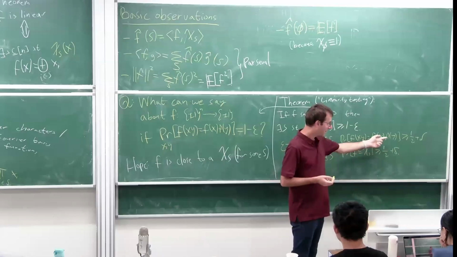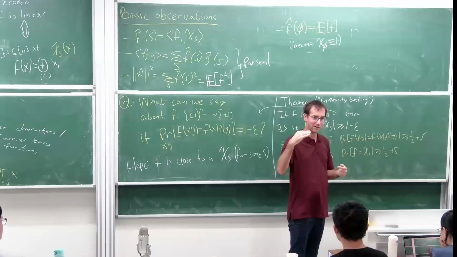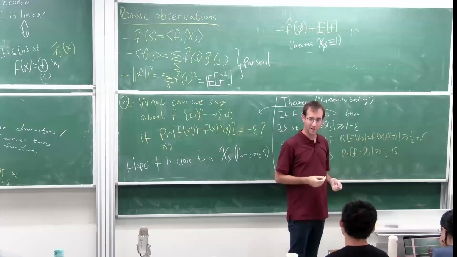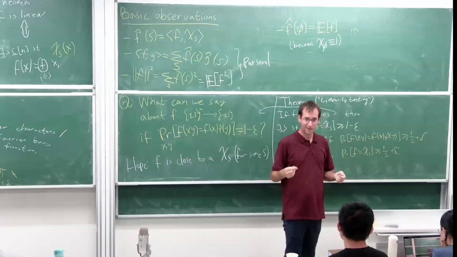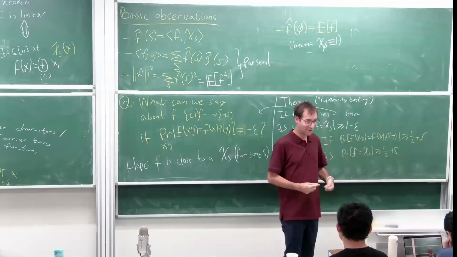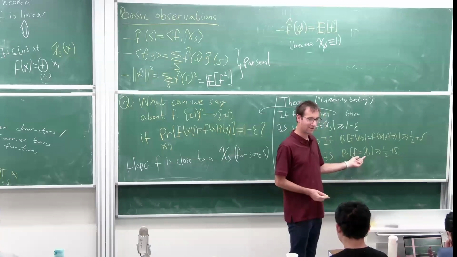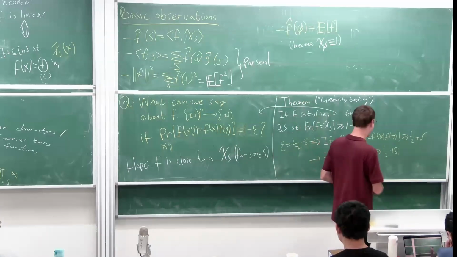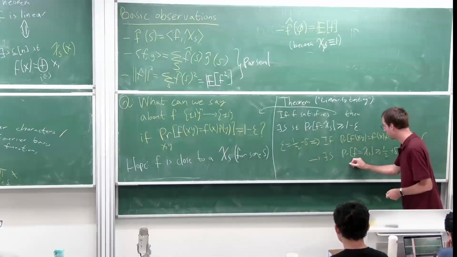This means that if this probability is bounded away from a half, let's say more than a half, then the function cannot be random. It needs to have some kind of structure. And the structure that it has correlates with one of the characters. And this is called the list decoding regime.